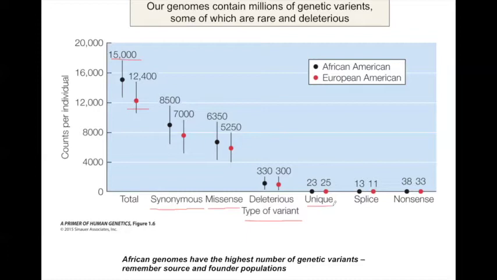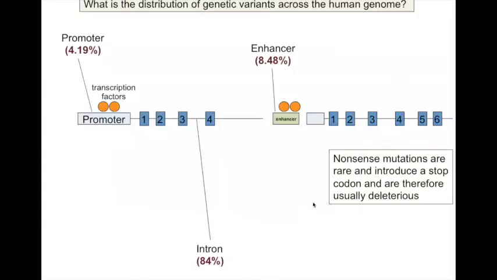Unique, so we each carry 23 to 30 unique variants. Splice site, this affects the way that RNA is spliced. And nonsense, in which an amino acid is substituted for a stop codon, which is a very deleterious type of mutation.